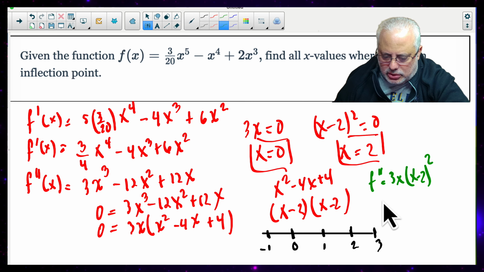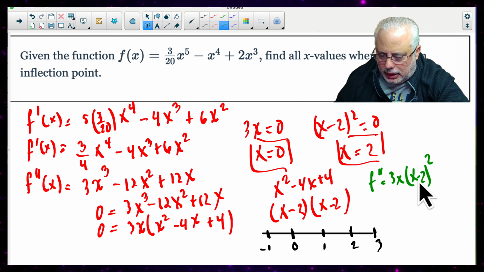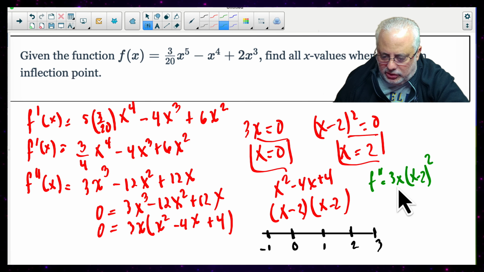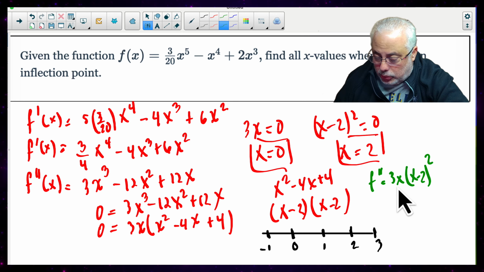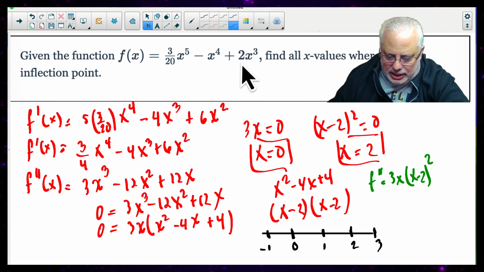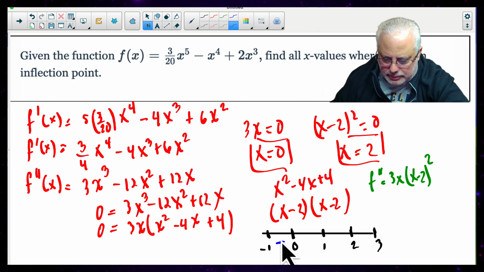If you substitute x by negative 1, to the left of 0, you have negative 1 minus 2, negative 3 to the second power is 9, so this term will be positive. And then 3 times negative 1 is negative 3, and a negative number times a positive number is negative. So we have negative in this area.